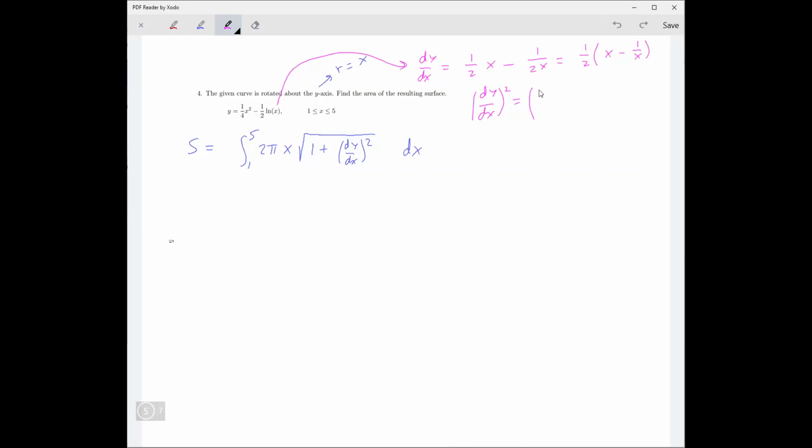Okay, so now it's just squaring this right here. So that's 1/4. Then you have the first one squared, minus, well, plus, which is going to be a minus because of the product of these two times 2.